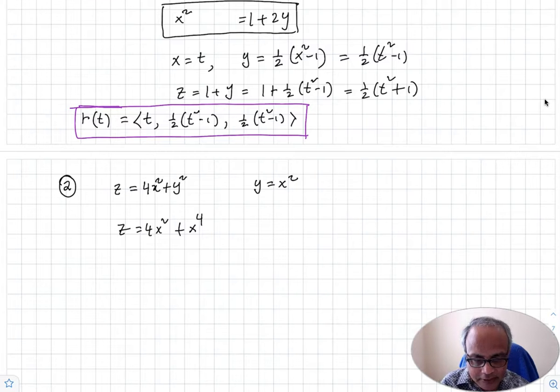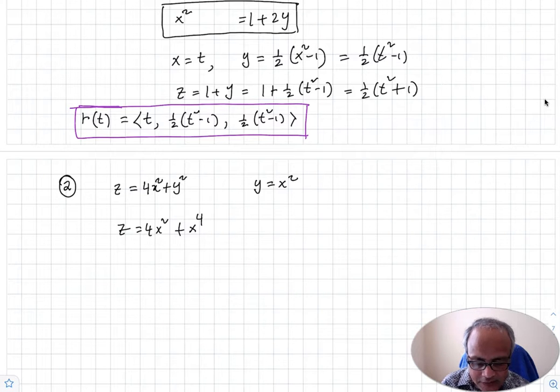Say, we can parameterize. We can represent. Start with one of them as a function of t. So we could start with z equals t. Then you will be 4x square plus x to the power 4. So that will be difficult to isolate x equals what.